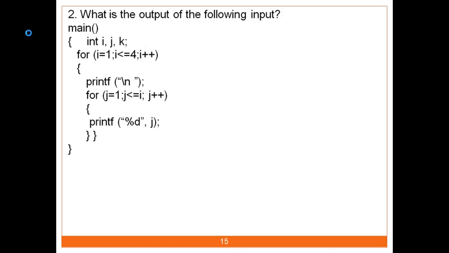What is the output of the following code? Here some sample code is there. int main, int i, j, k, for i equal to 1, i less than or equal to 4, i plus plus, printf.